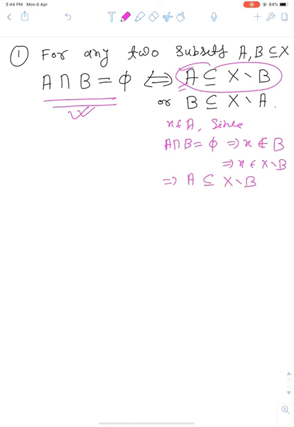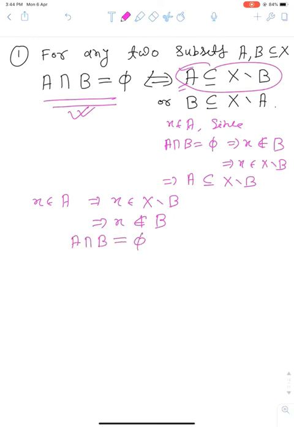Why is this converse also true? Now let x belong to A. That will imply x belongs to X minus B, right? Now that implies x is not in B. Therefore if something is in A, then it should not be in B. Therefore A intersection B should be empty.